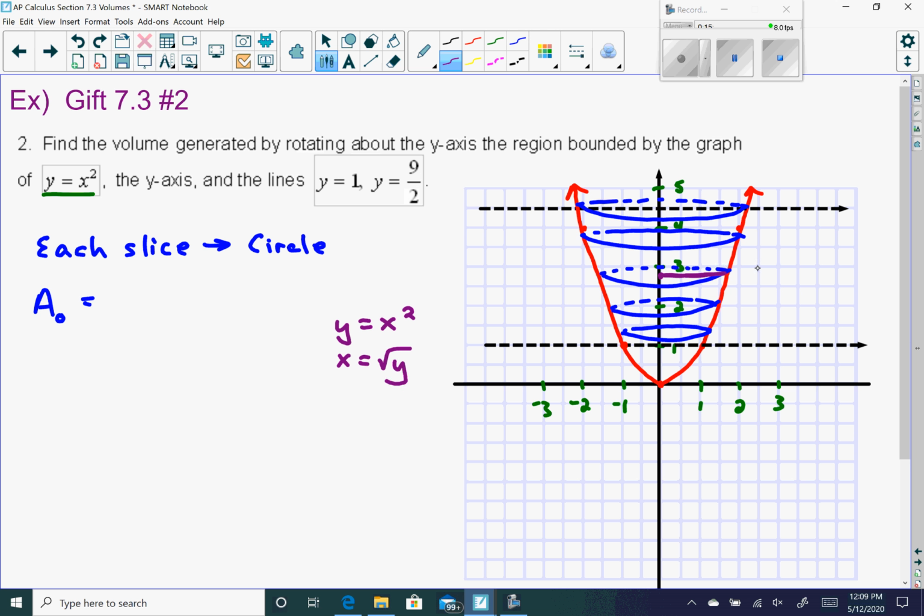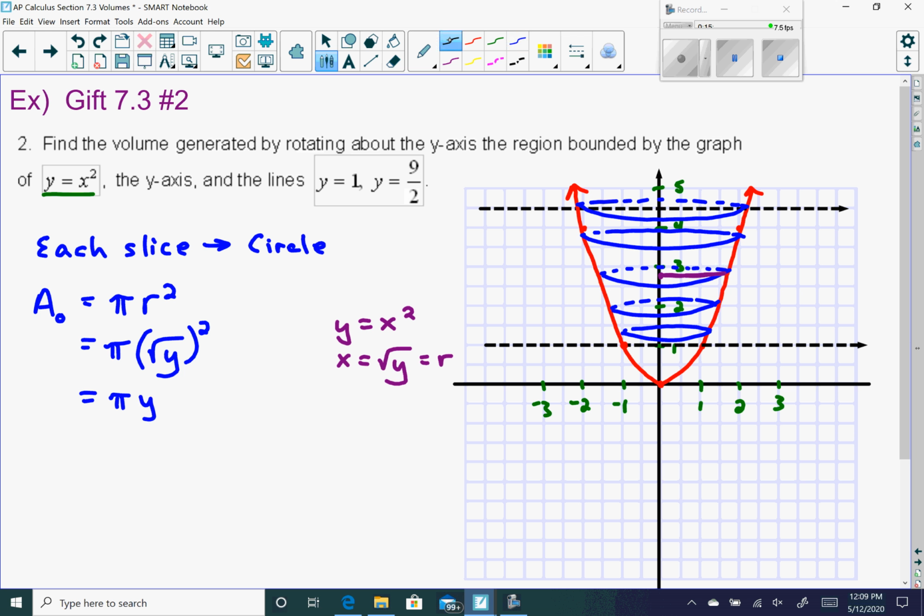And I just need to keep it positive because I'm going over just to the right here. So each radius is going to equal the square root of y units. So this is going to become pi r squared, which becomes pi times the square root of y squared, which is just pi times y.